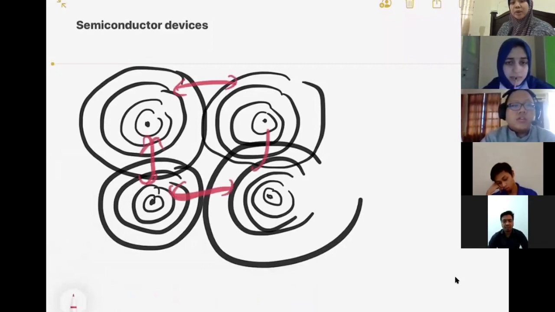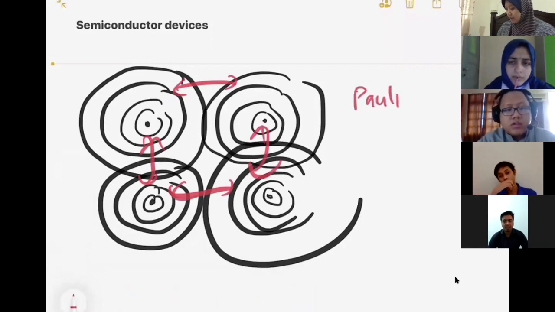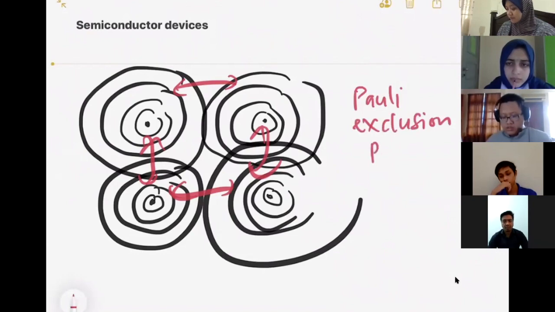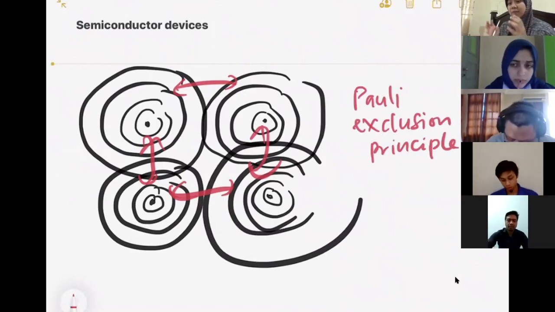And what happens is when these interact with each other, you can go and read about the Pauli exclusion principle. If you Google this, there are a lot of YouTube videos on that. This principle says that if you have a lot of atoms close packed together, all the orbitals, the energy levels, will interact.